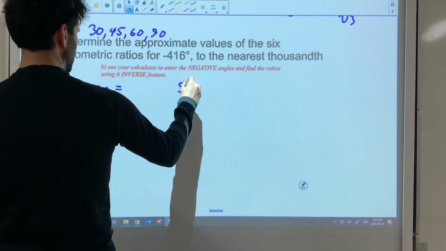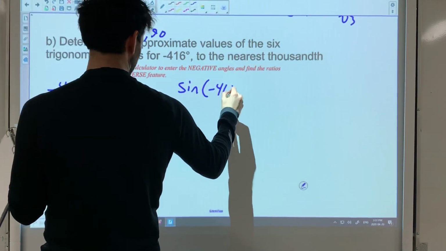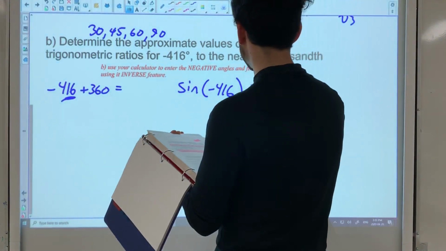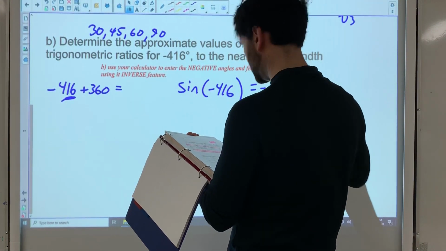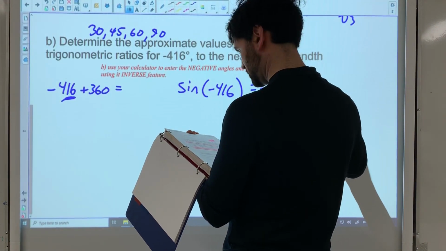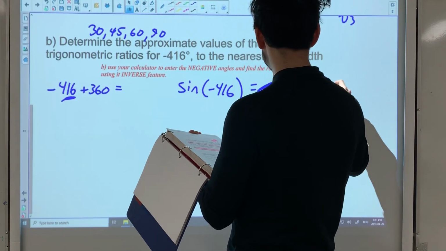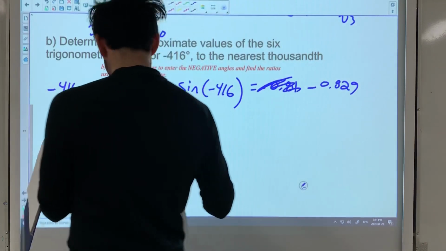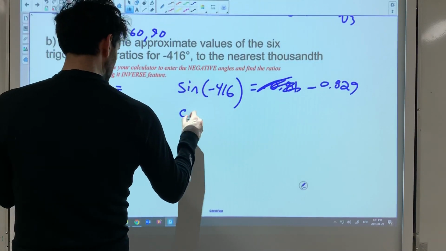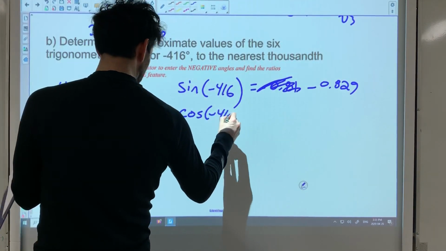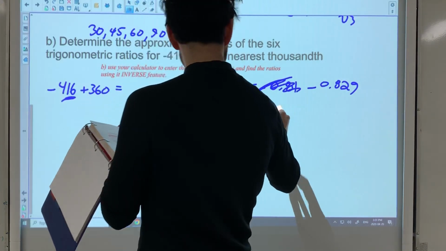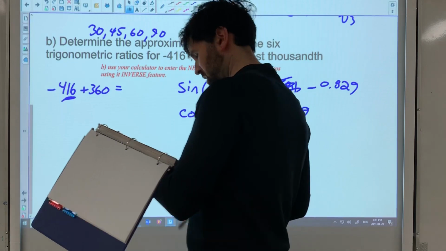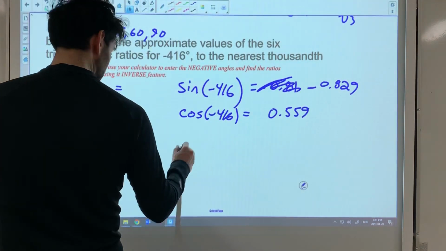So to do these ones, you would have to go to your calculator and type in sine negative 416, and you'll get the corresponding ratio as a decimal. So you get negative 0.829 for that one. If you were to do cos of negative 416, you get 0.559, and I'll give you tangent.